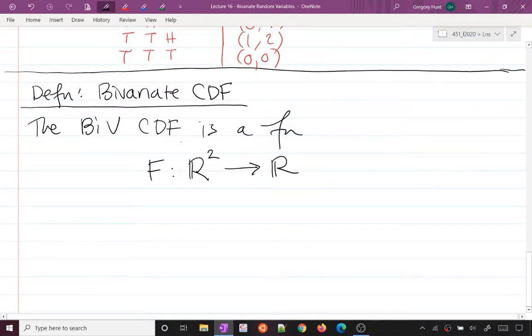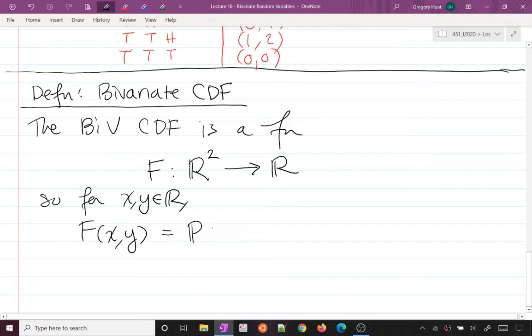In the univariate case, this is just a real valued function, but now we're going from the plane. The bivariate CDF is defined so that if we have two numbers, x and y, capital F of x, y, the bivariate CDF, is, and I bet you can guess, the probability that X is less than or equal to little x and Y is less than or equal to little y.